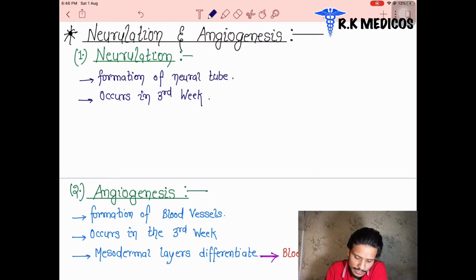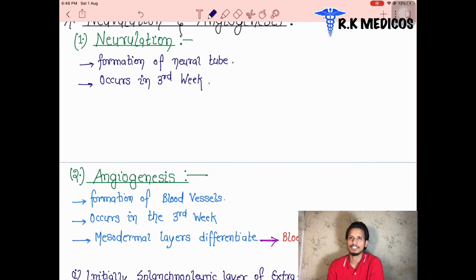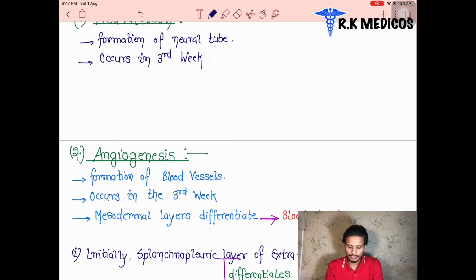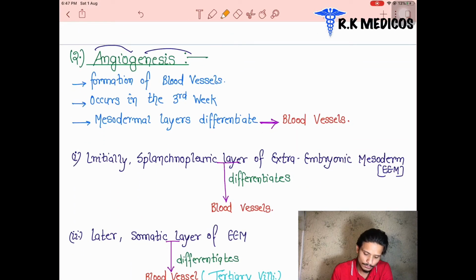Angio means blood vessels, genesis means formation, simple. It also occurs in the third week. Gastrulation, neurulation, angiogenesis, hematopoiesis, these all occur in the third week.